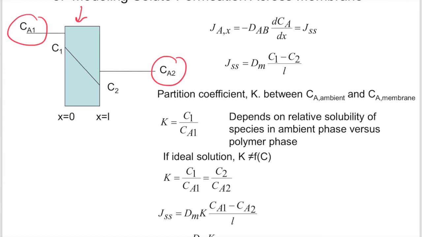Okay. Let's see. The diffusion of the solute in the x direction is, here's our Fick's first law. So that pertains to what's going on here, in this region here.